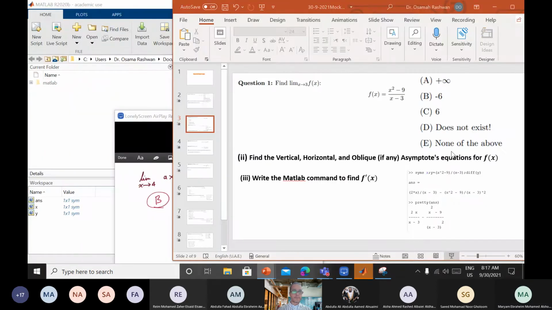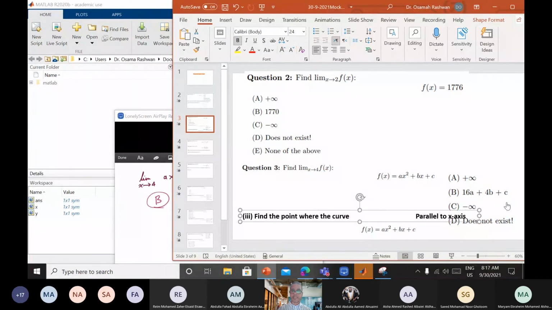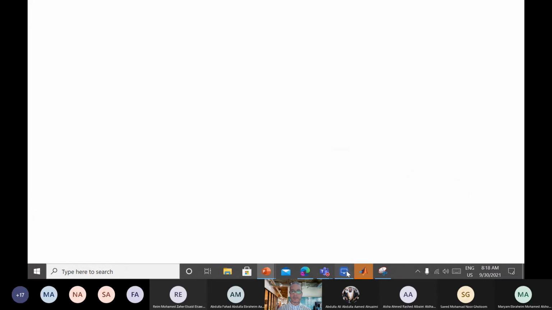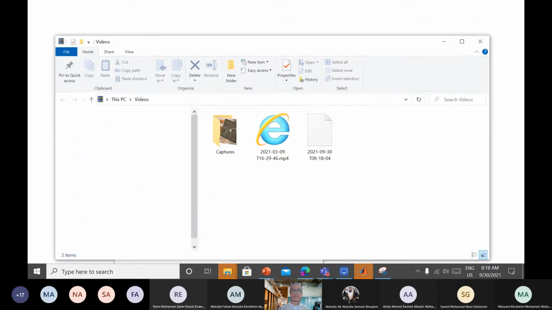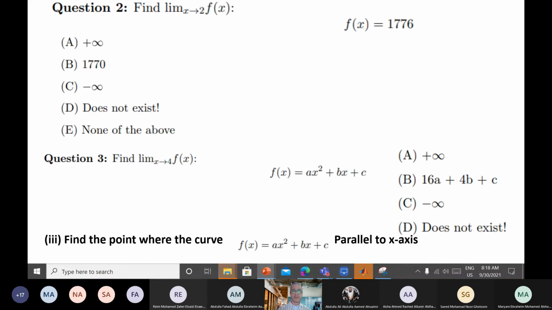This question: find where the curve is parallel to the x-axis. How do you solve this question? Can you think with me? What does it mean parallel to the x-axis?